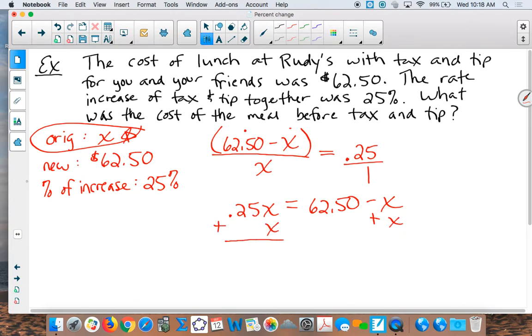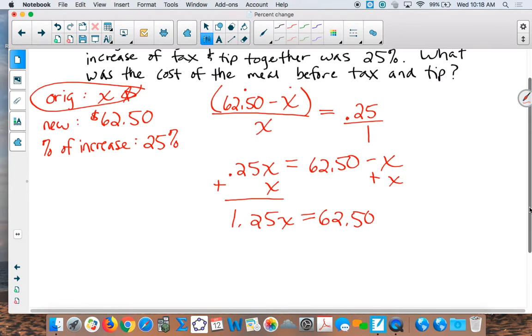We are left with 1.25x equals 6250. And now we can divide both sides by 1.25. And x equals $62.50 divided by 1.25. X is 50.